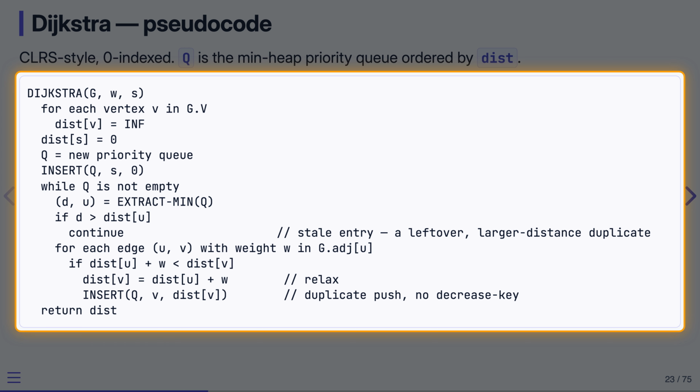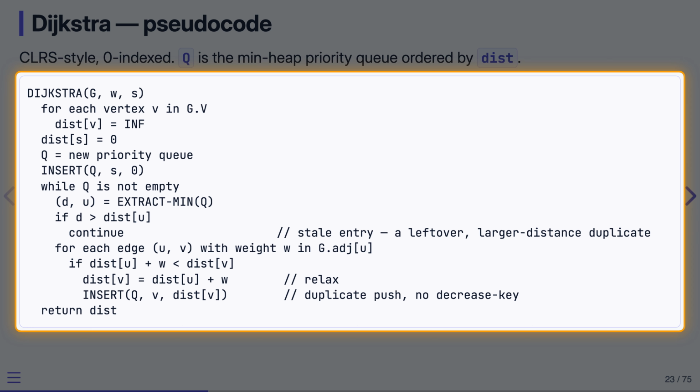This is Dijkstra in CLRS style, 0-indexed. Q is the min-heap priority queue ordered by distance. We set every distance to infinity, then set dist at S to 0 and push the source. Then, while the queue is not empty, we extract the minimum, the pair with the smallest distance.